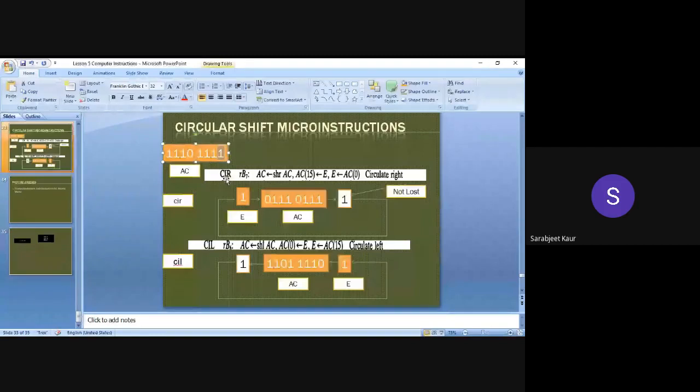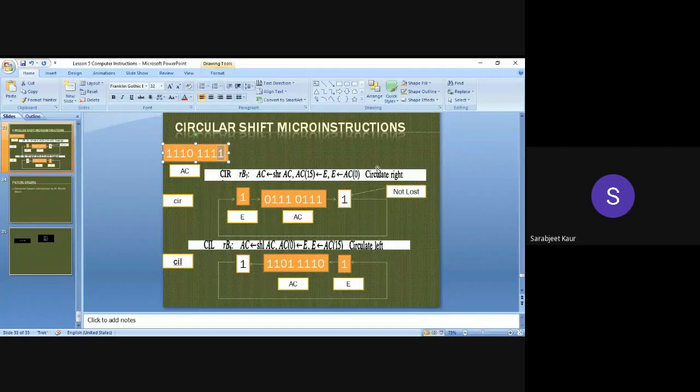Each of these is a micro instruction in its own right. The first thing performed is that AC is shifted one bit right. Then the E bit is shifted into the 15th bit of AC to make place for the 0th bit of AC, which is after that shifted to E.